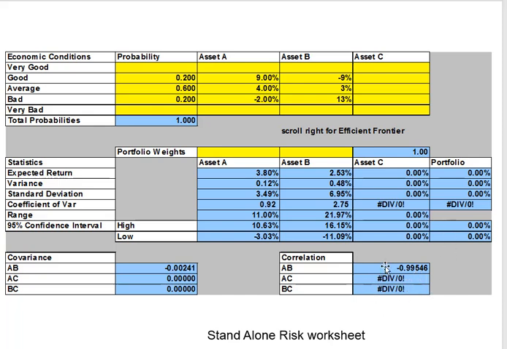What this negative correlation means is, if we combine these assets together in a portfolio, we will see substantial diversification of risk because they are so unrelated, in fact, almost perfectly negatively correlated.